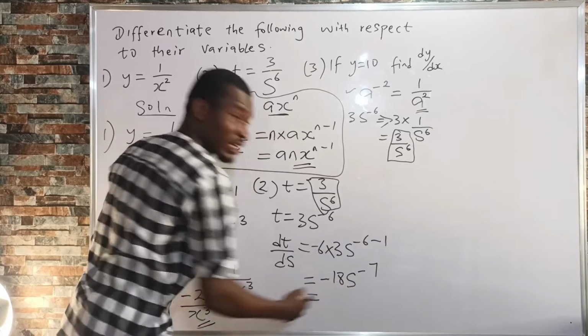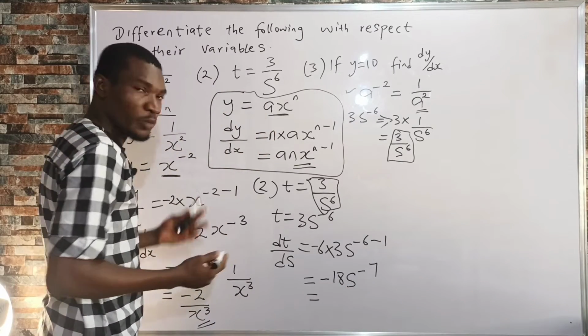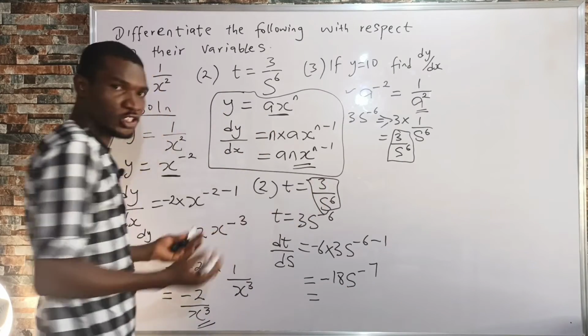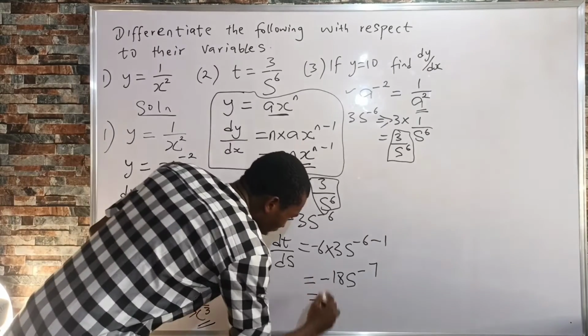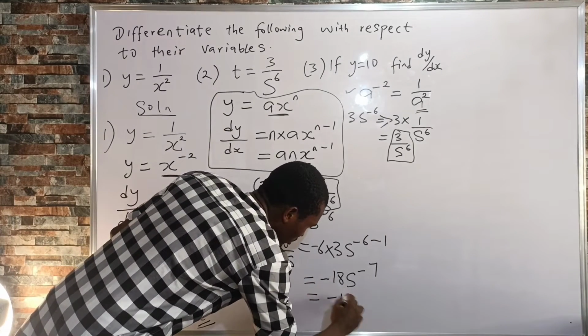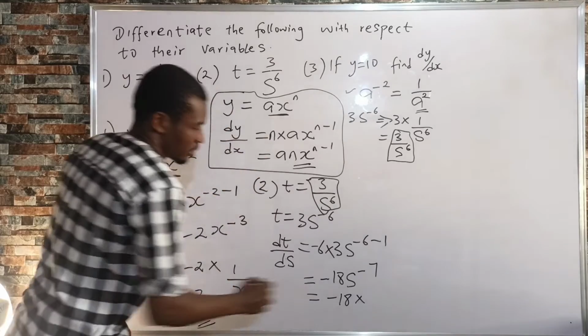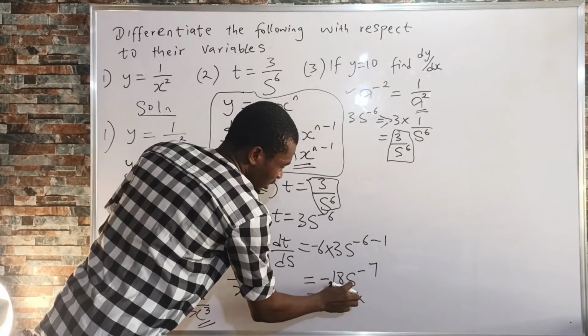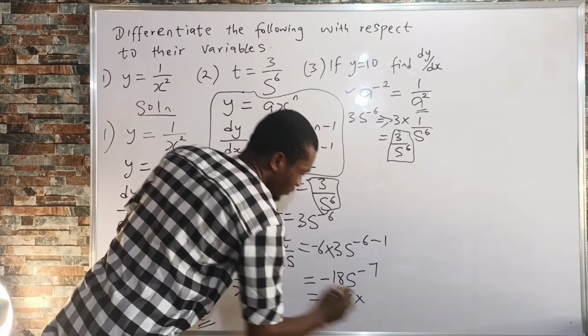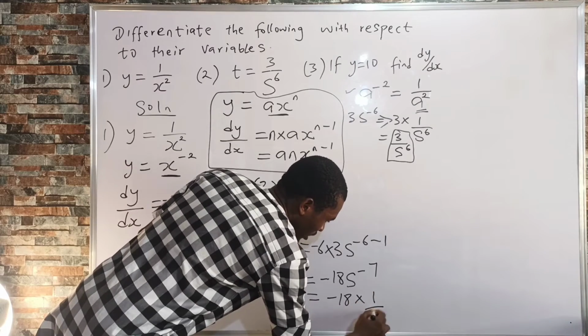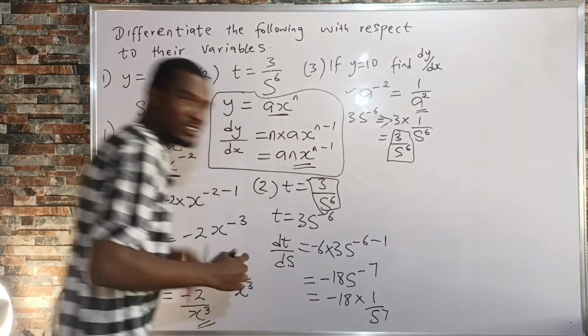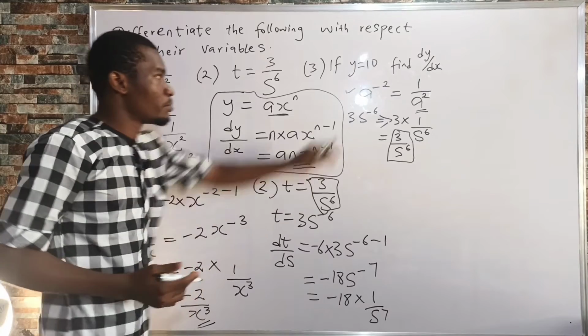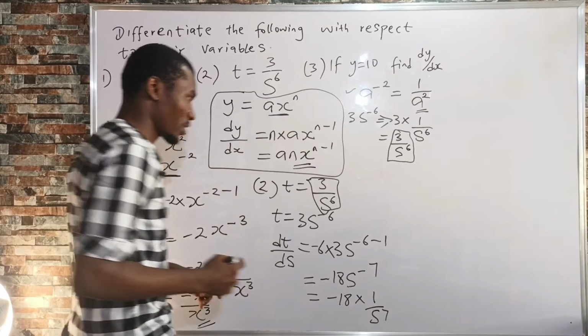Though if you leave your answer like this, it's still correct, but it's more convenient to put your answer in fractional form. Then we have negative 18 multiplied by, we can still convert s raised to the power of negative 7 as 1 over s raised to the power of 7. That is taking the reciprocal of it based on the law of indices we have here.